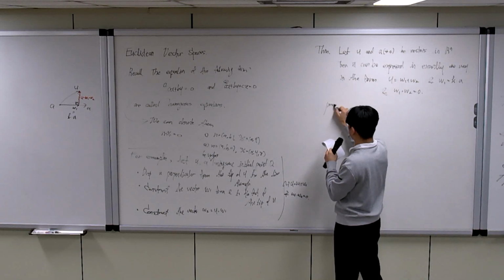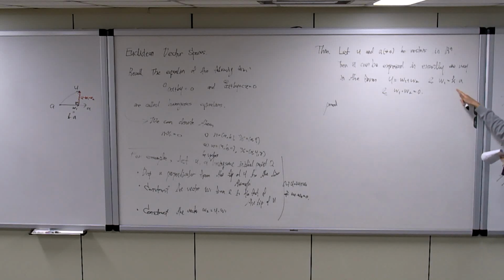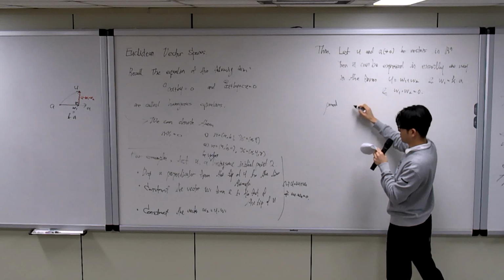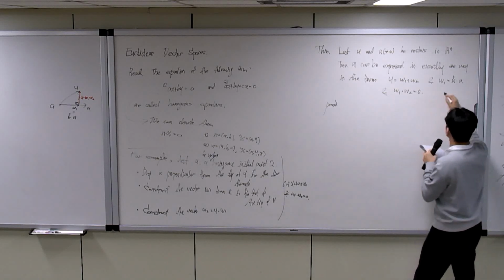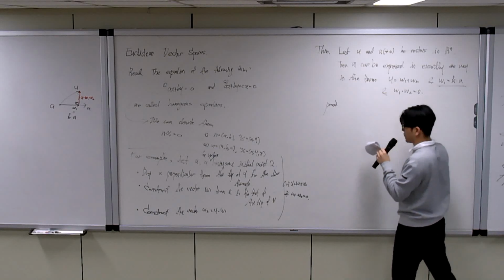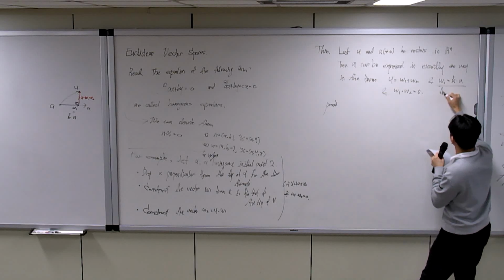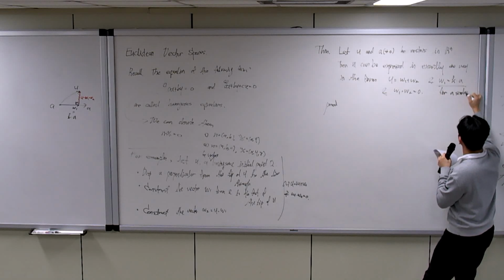As a proof, we denote the W1 vector as a scaling of A. I will use the same notation for the scalar k.